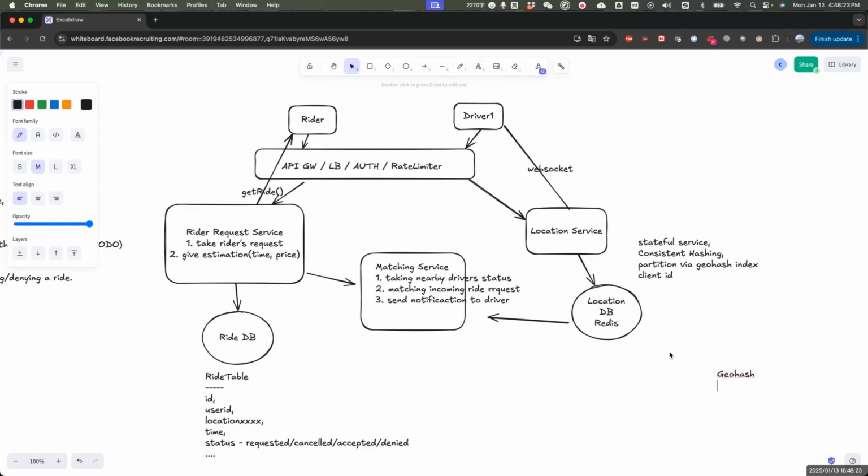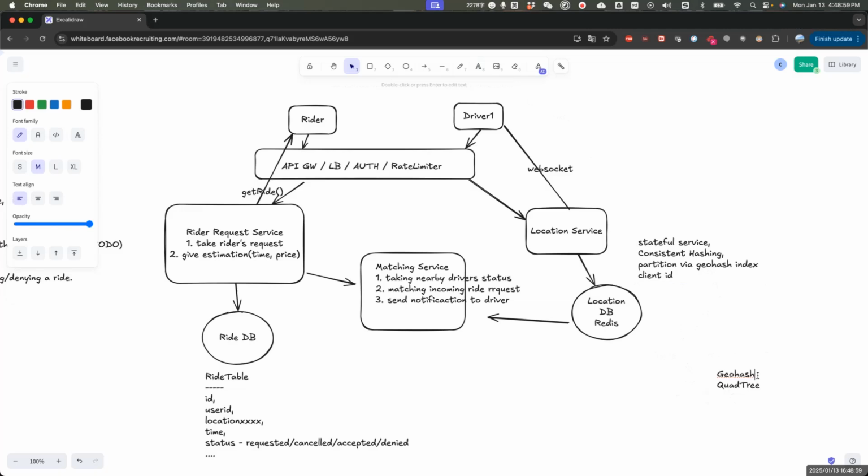Actually for a location-based service, we have two options. One is a quad tree, another is a geohash. Geohash has some advantages compared with the quad tree because the locations of the riders and the drivers are constantly changing.